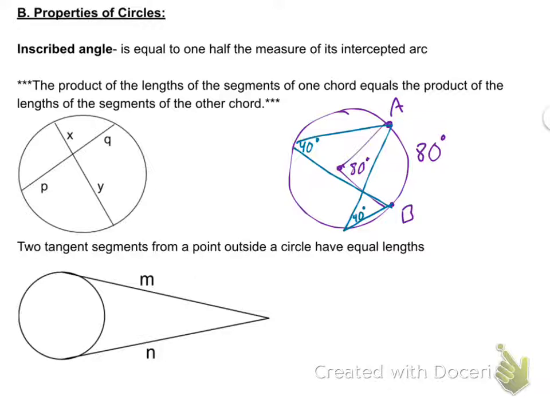So, I got a question for you then. What if I went this way? How big is that angle? Double it. 160. Is it 280? No. I got a question. This angle, which is less than this one, right?